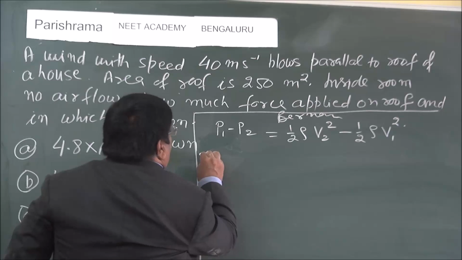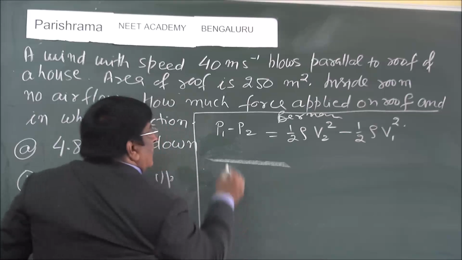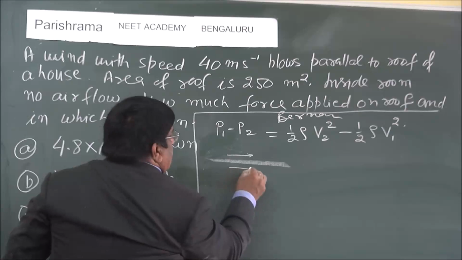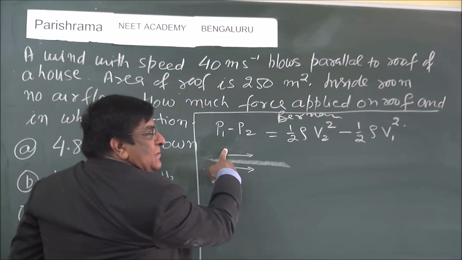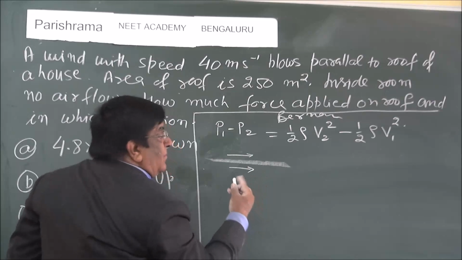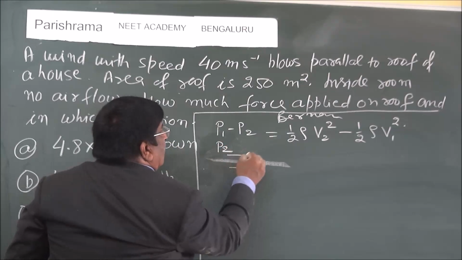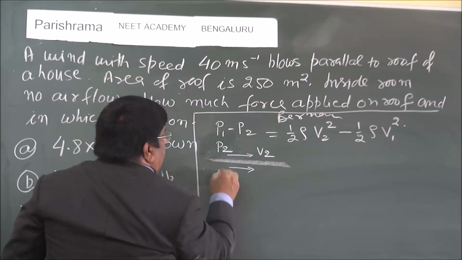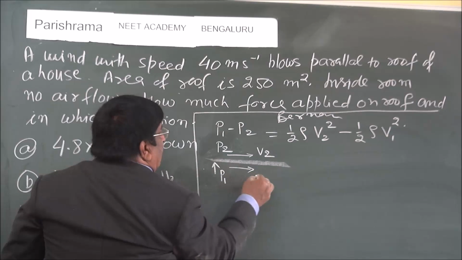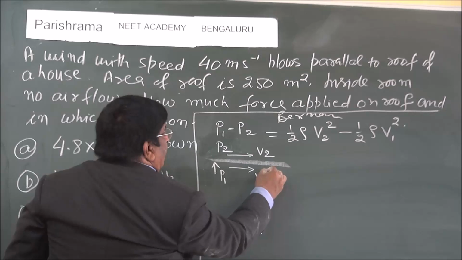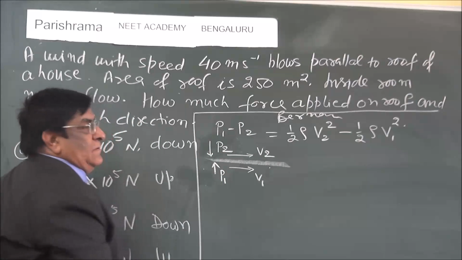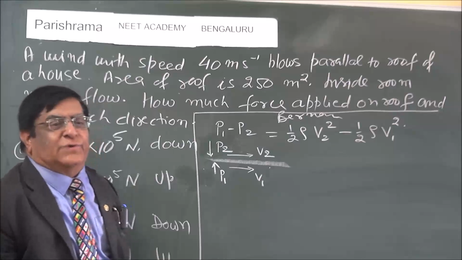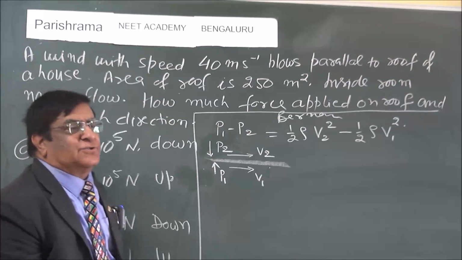Now if this is the roof, what do you want to take here, P1 or P2? P2? Okay, then what is the velocity? V2. Pressure P1, and what is the velocity? V1. Okay. Why should P2 act downward and why should P1 act upward?